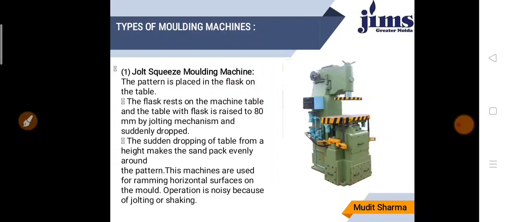The sudden drop of the table from the height makes the sand pack evenly around, helping even formation on all sides. The machine is also used for ramming horizontal surfaces on the mold.